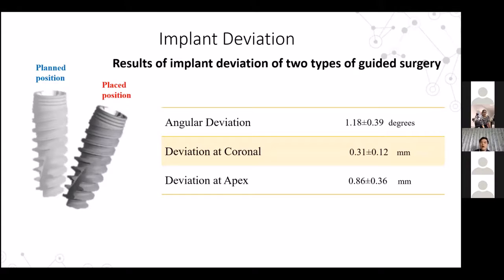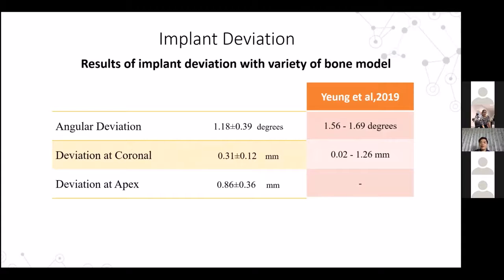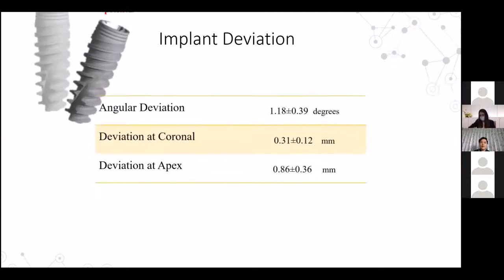So our results were similar to the in vitro study done by Young et al. in 2019, but my study showed lesser deviation values than the systematic review and meta-analysis done by Tahmaseb in 2018, because my study eliminated various factors such as bone density, mucosal thickness, limitation of mouth opening, and other environment.